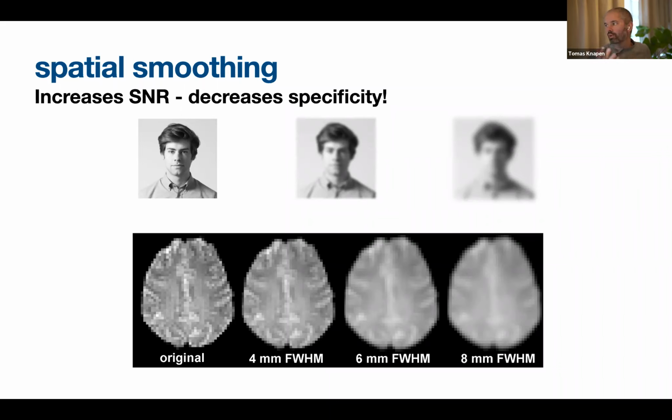What you end up doing is also decreasing the specificity tremendously. If you look at the earlier fMRI studies, it would be horrible because all of them would just do this, right? You start with this thing where there's actual anatomical detail and specific spatial information, and you end up with this blobby mess, right? That's not really something that we do anymore.